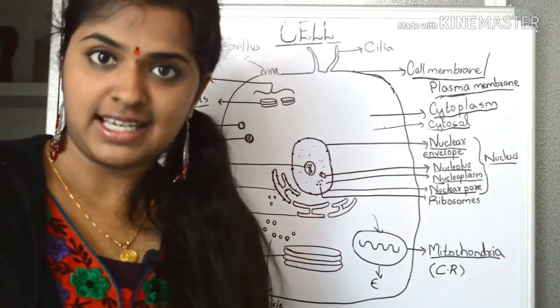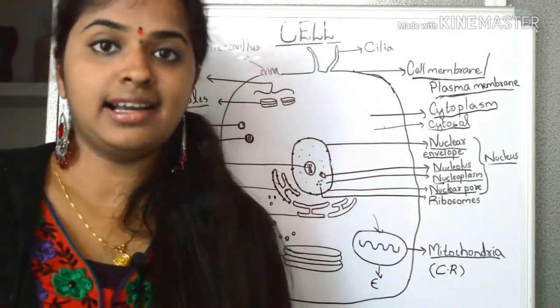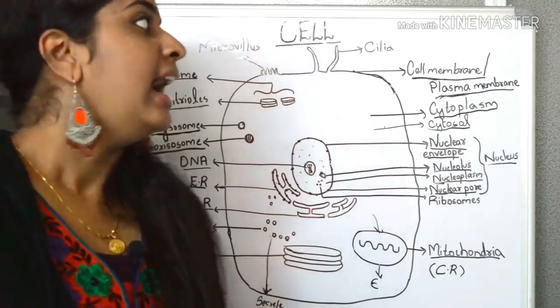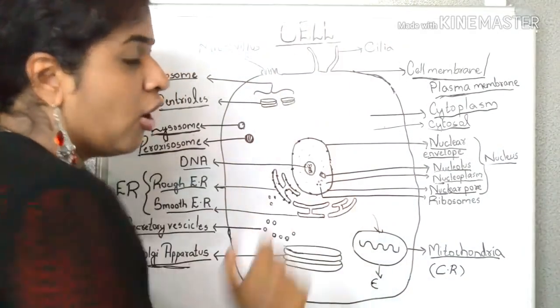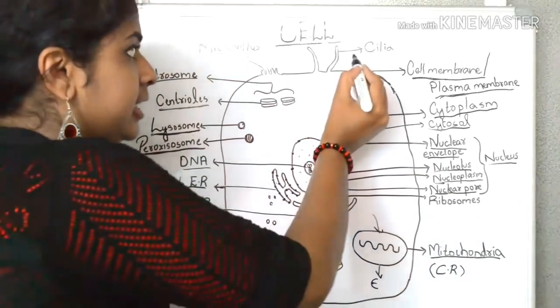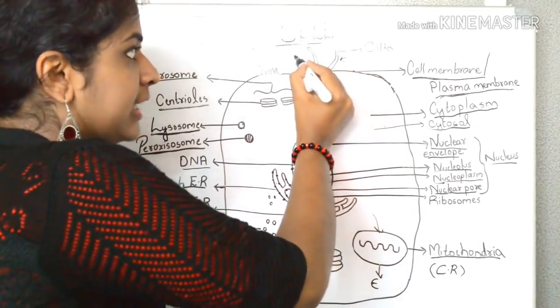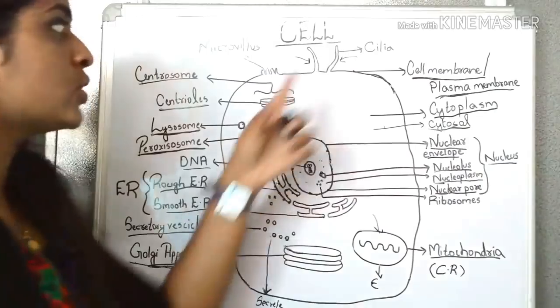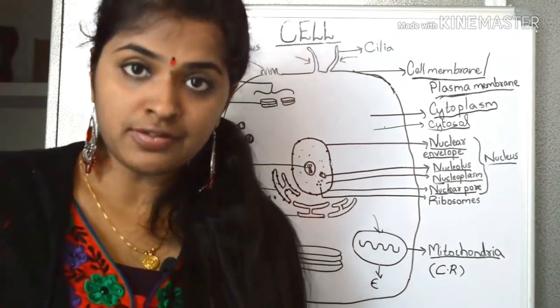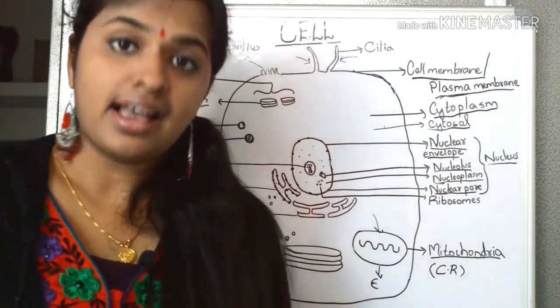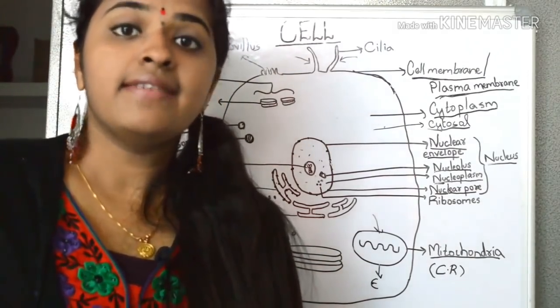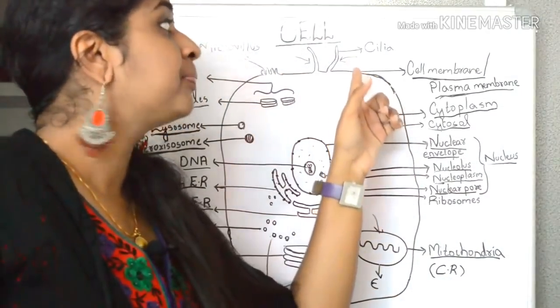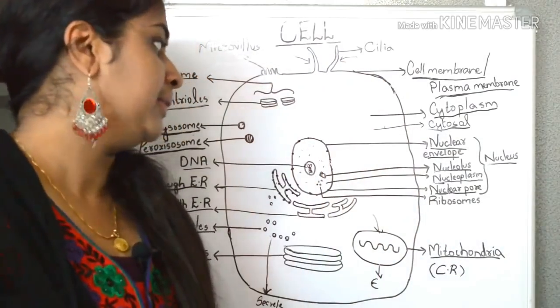For the movement of the cell, the cilia or flagella is very important, and this cilia also helps in flushing of foreign particles which come in contact with the cilia. So it helps for the movement of the cell, as well as for the flushing of agents which come in contact with the cilia or cell membrane.